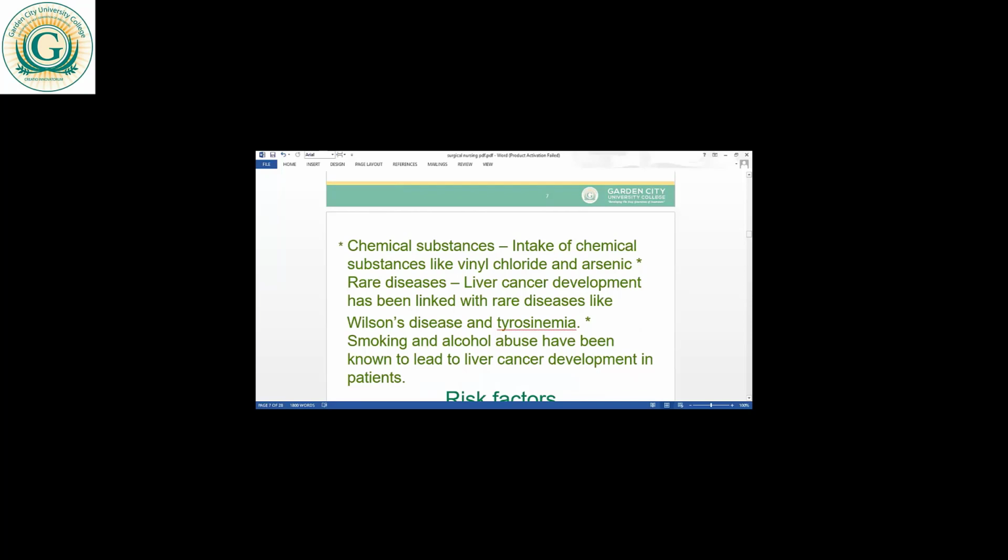And we have rare diseases. Liver cancer development has been linked with rare diseases like Wilson disease and trisomy. Smoking and alcohol abuse have been known to lead to liver cancer development in patients.